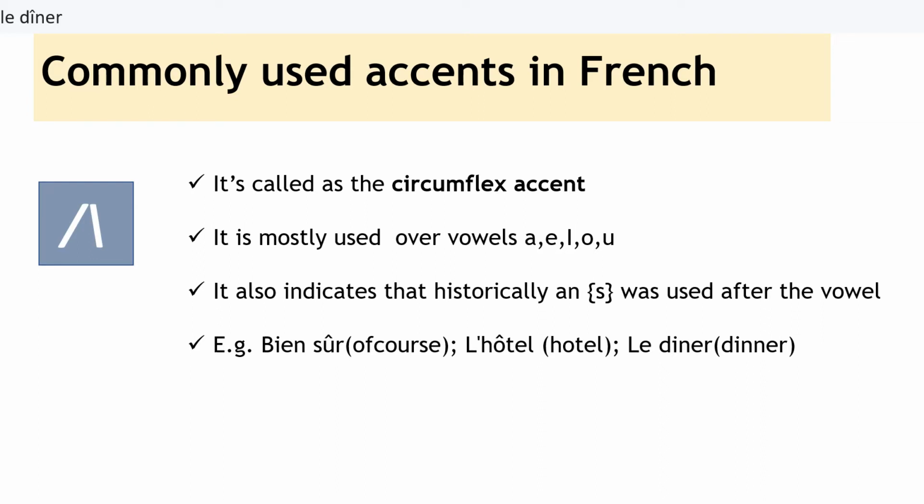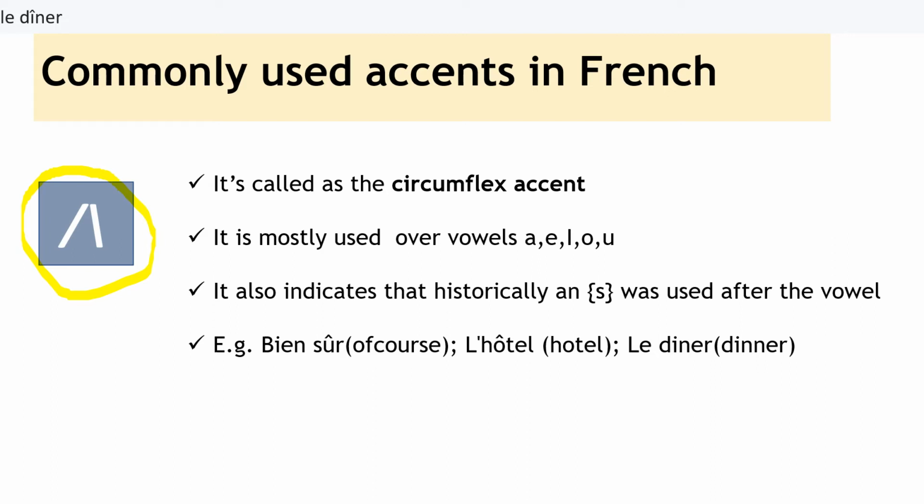Now this one is your circumflex accent. Now this one is generally used over vowels, A, E, I, O, U. Now interestingly, it also indicates that historically an S would have been used after this vowel.